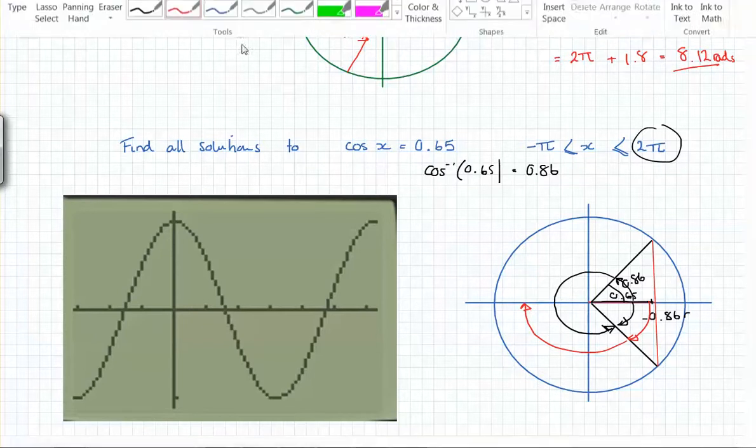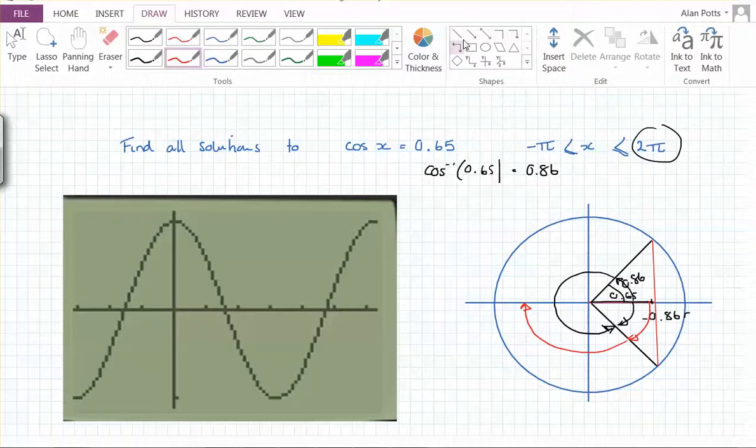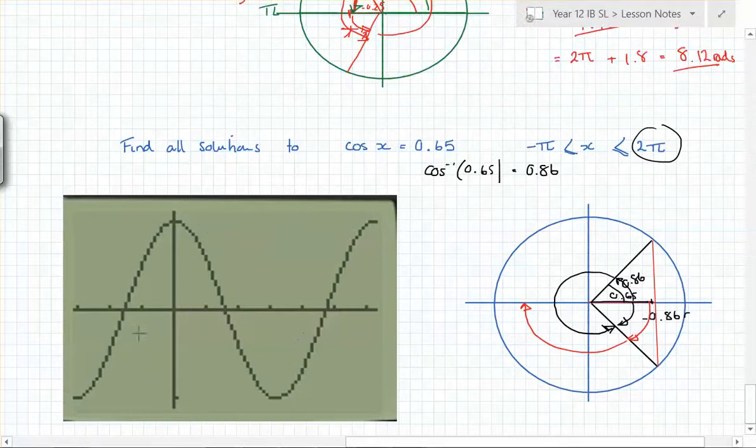Now, the other thing, if I do it in terms of the graph, I've got minus pi to 2 pi. I'm looking at cos, which this curve is 0.65, so I just draw a line across at 0.65. My solutions are here and here, and here.